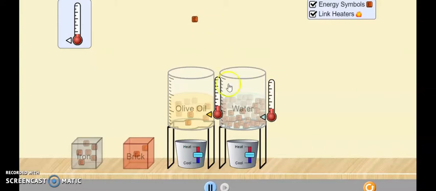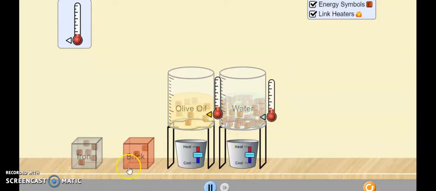Right now you can see the olive oil and the water. We never heated them until now, so the measurement of temperature, or of energy, is still the same in both containers.